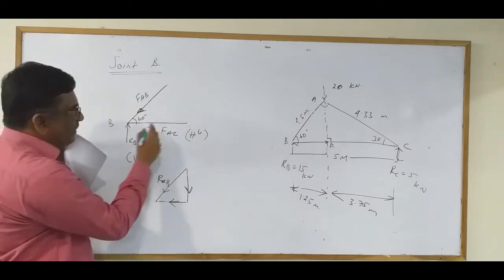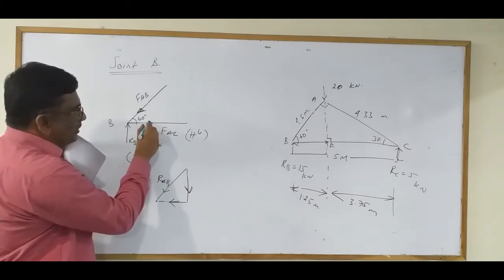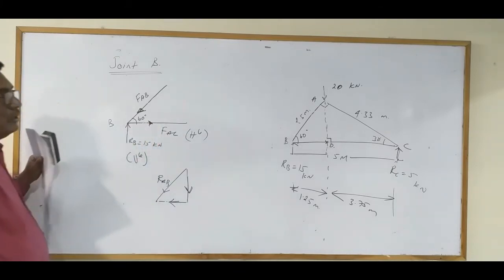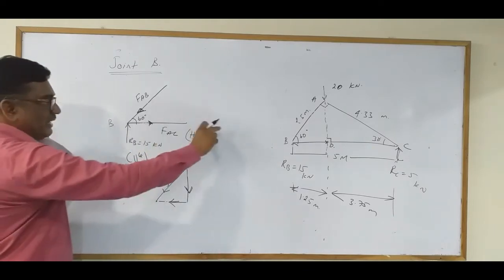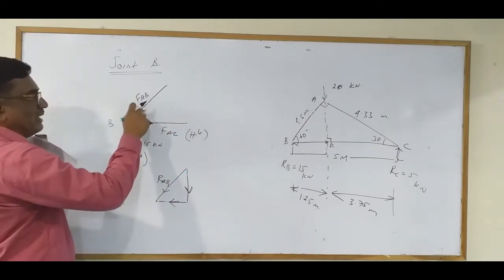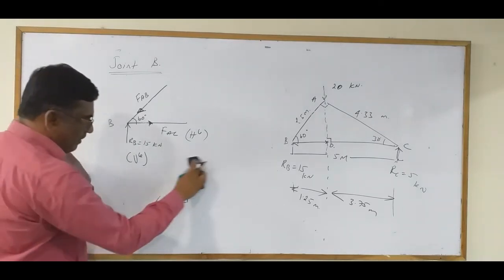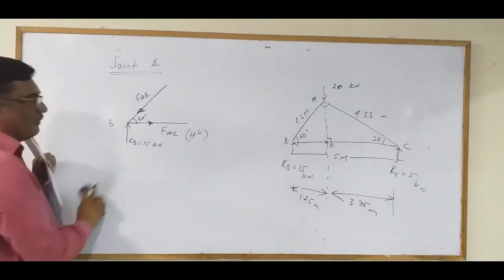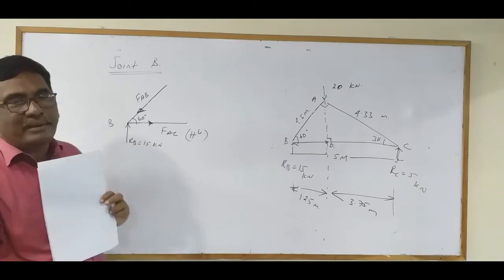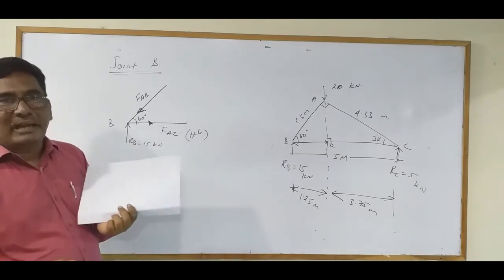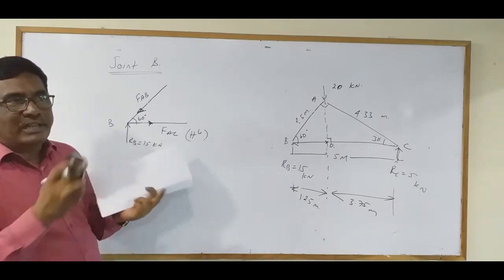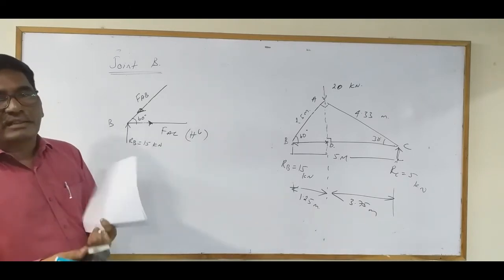And this is the tie member pulling the joint, so mark the direction here. This is the tension member pulling the joint. This is the compression member pushing the joint. Even if you mark the directions wrong, nothing will happen. The answers will come out negative. You change the direction and mark the answer as a positive value.